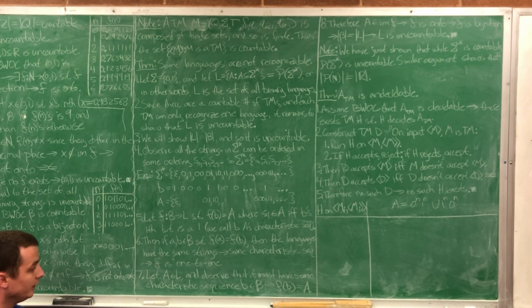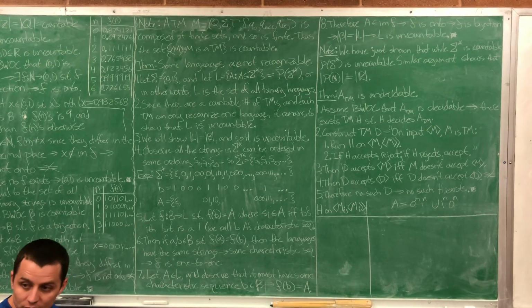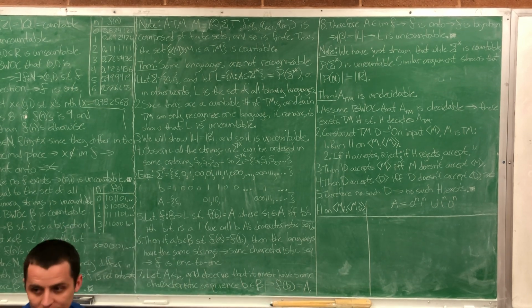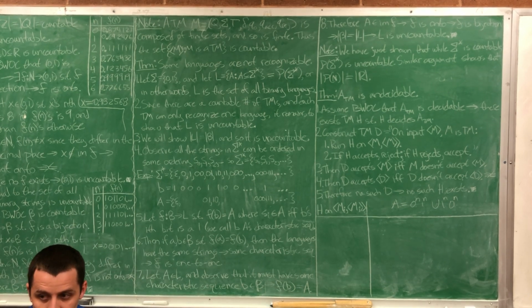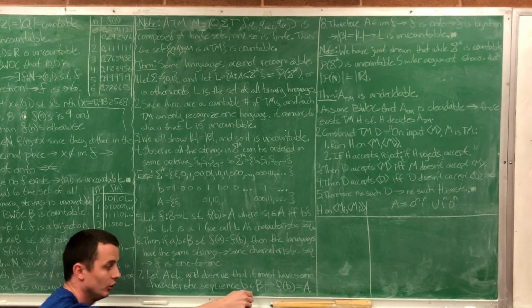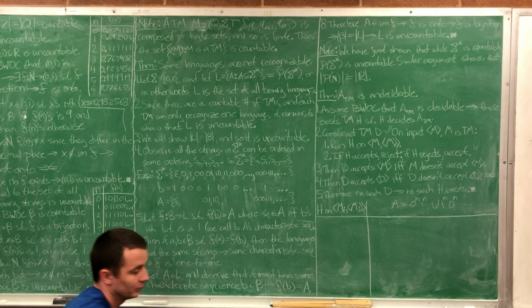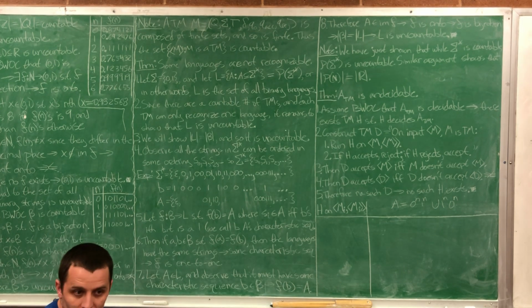Now, let A be anything in L, be any language, and observe that it must have some characteristic sequence. Call it B. B is an infinite binary string, so it's in beta, and F of B equals A, so every language eventually gets mapped to.